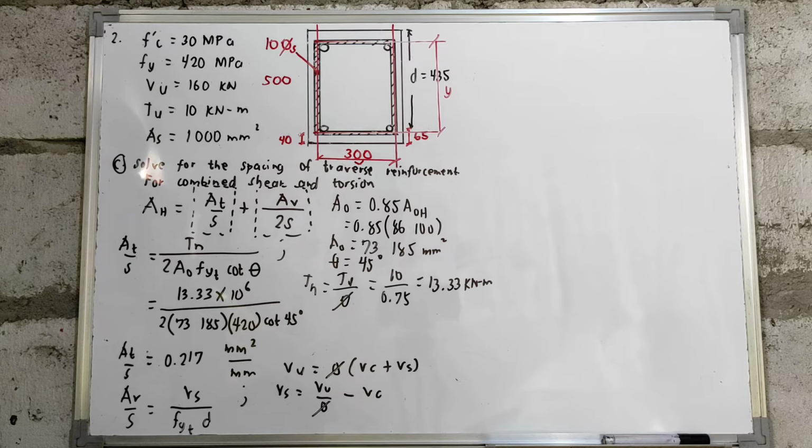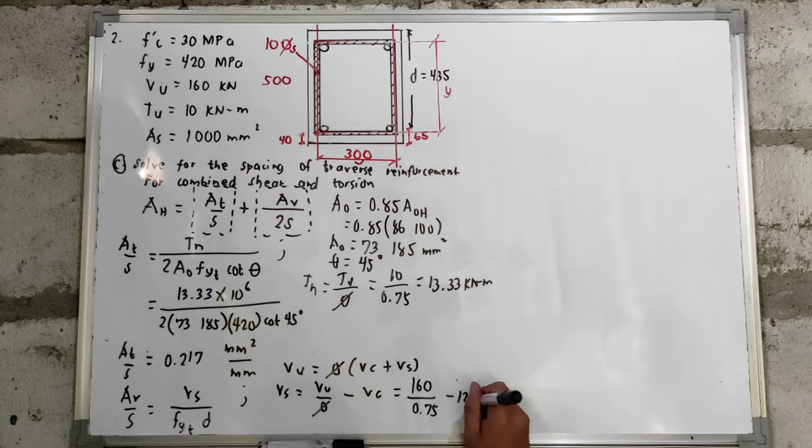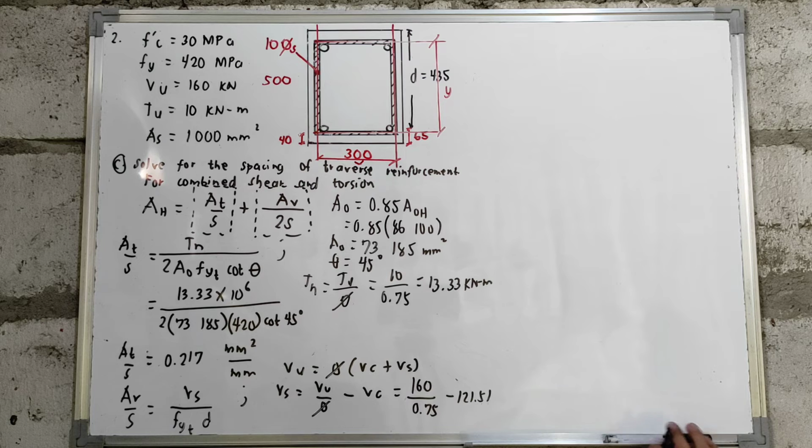So, we have a value of Vu of 160 over 0.75, because of NSCP 2015, minus our Vc that we computed earlier, 121.51. So, you have a value of Vs which is equal to 91.82 kilonewton.